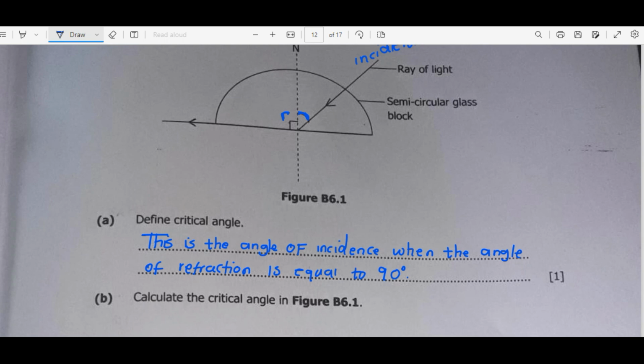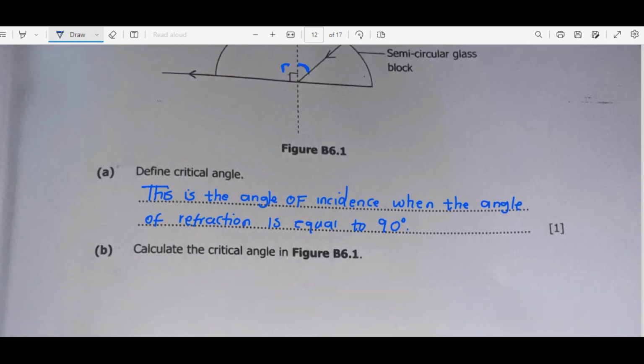Okay, so that is the simpler definition that we can give for critical angle. So remember, whenever the angle of refraction is equal to 90 degrees, then the angle of incidence that we have is the critical angle.